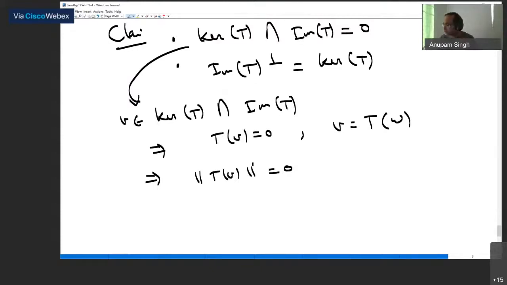Wait a second, what I'm saying. Yeah, okay. So since norm of T of v is 0, this will also mean norm of T of, v is also in the image of T, so v is T of w.